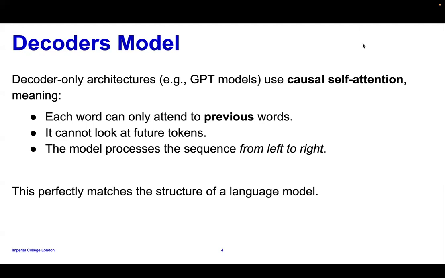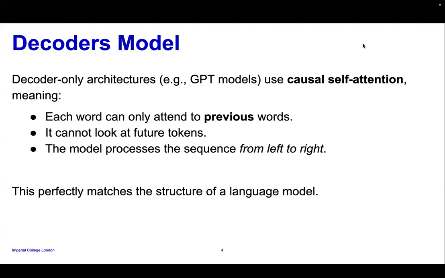Remember, in an encoder-only model, we only ask the model to predict the masked word, so it can see both left and right. But in a decoder-only model, we use causal self-attention, where the model can only see the previous words. In the classical sense of prediction, you predict the future based on the previous words. So here also we predict the next word by looking only at the previous words.